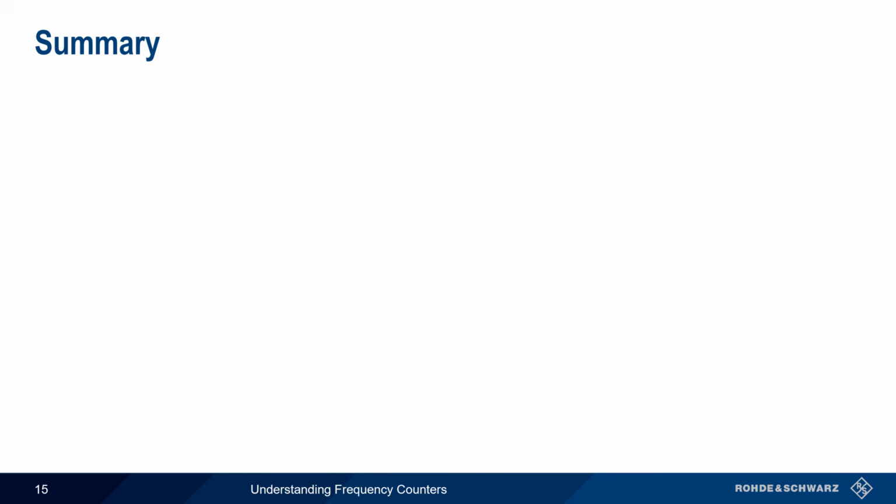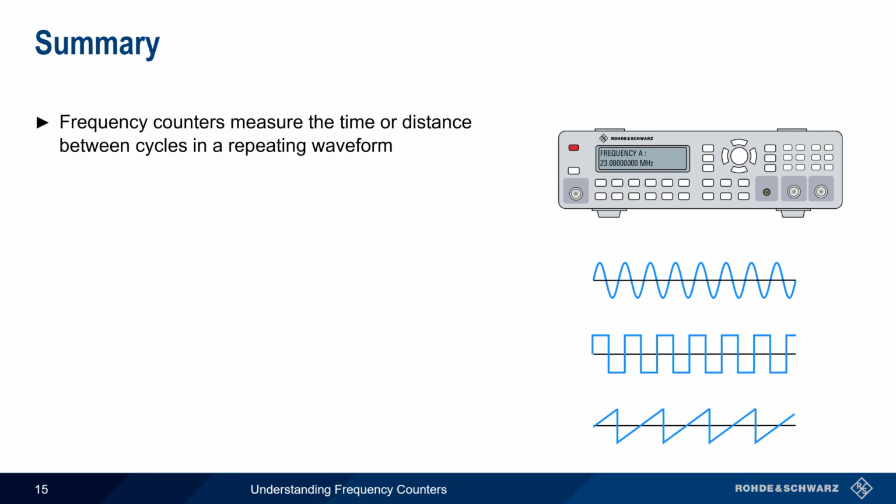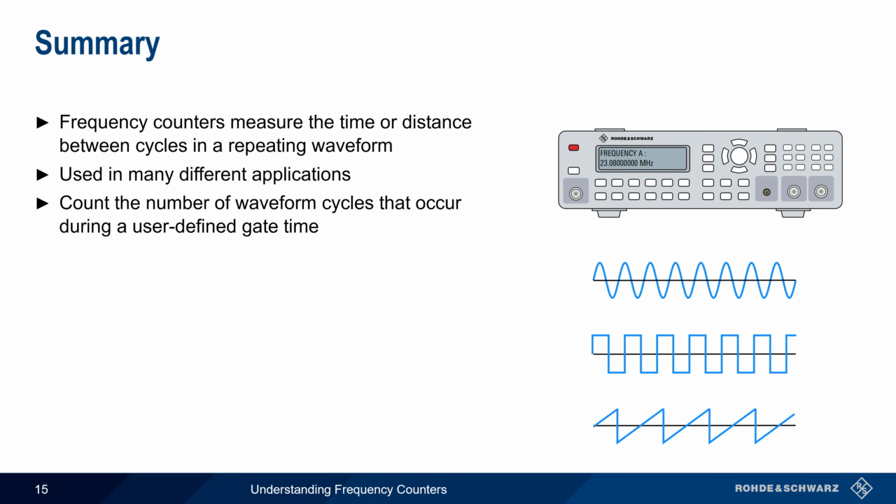Let's end with a brief summary. Frequency counters measure the time or distance between cycles in a repeating waveform, as well as quantities derived from these measurements. They're used in many different applications, from basic radio transmitter testing to more esoteric measurements such as Allan variance. Counters perform these measurements by counting the number of waveform cycles that occur during a user-defined gate time.